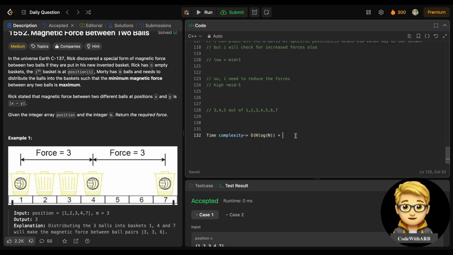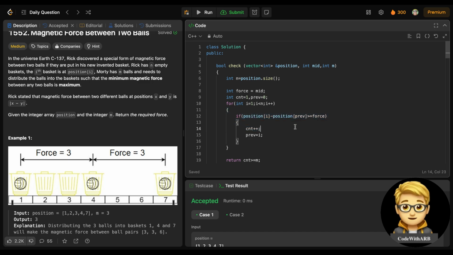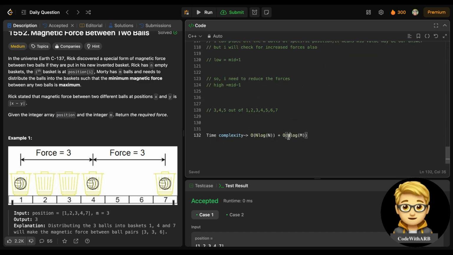So that would be O of log of m, which is the max value. And for each force, I need to iterate over the whole position array to check the value. So that would be n. So n into log of m. This would be the time complexity.